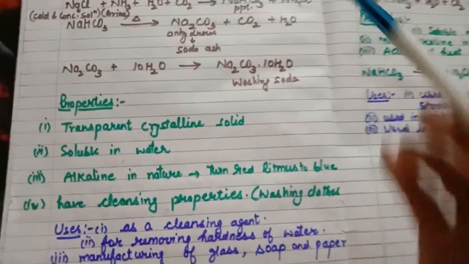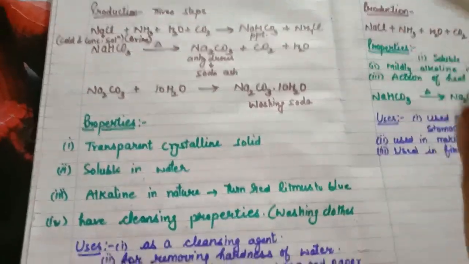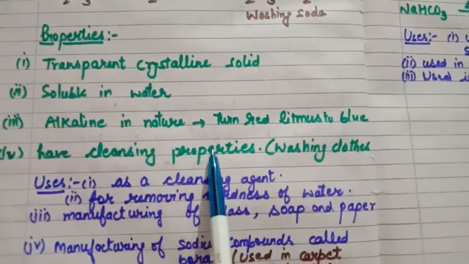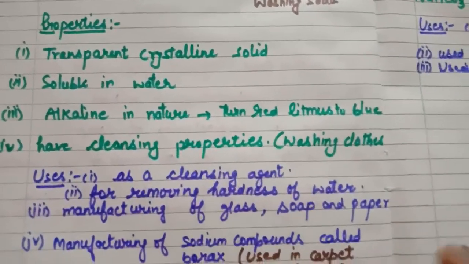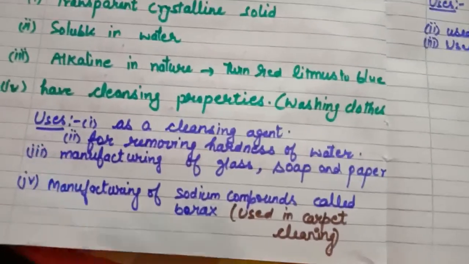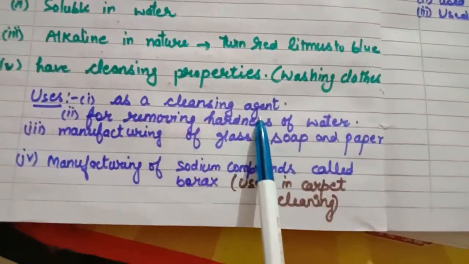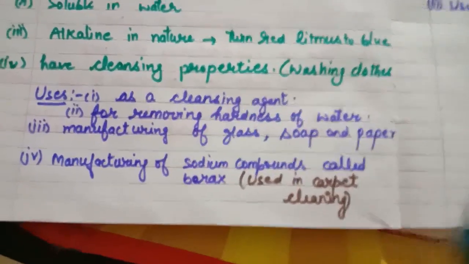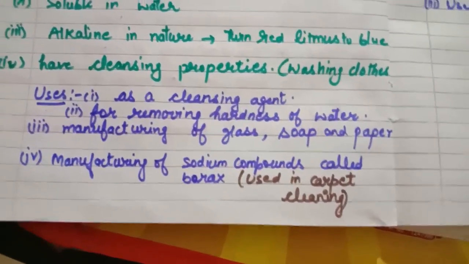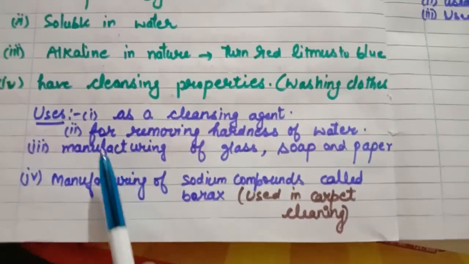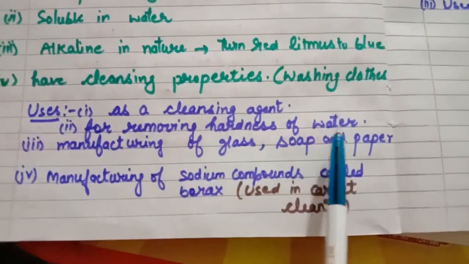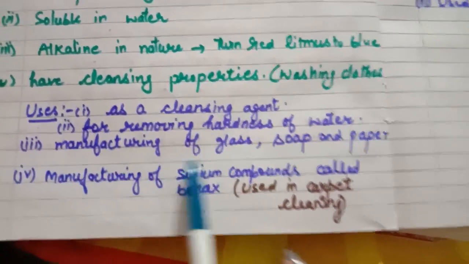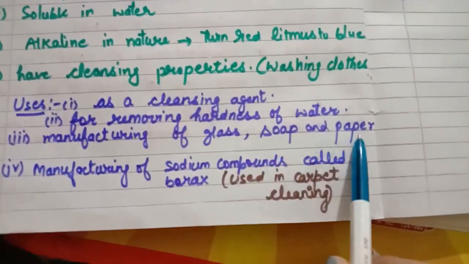It is washing soda, so it has cleansing properties to clean clothes. Next are its uses. First, as a cleansing agent to clean clothes, apparatus or other equipment. Second, for removing hardness of water. Third, manufacturing of glass, soap and paper.